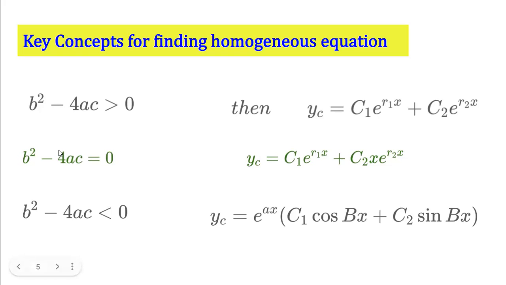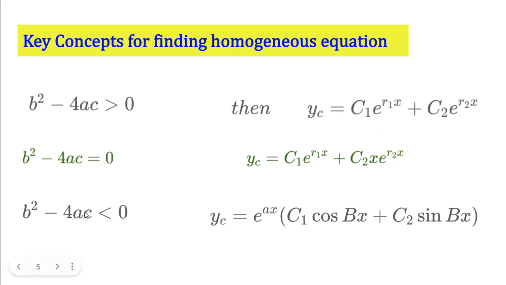We use that value to substitute for r, so you observe that r1, r2, r3, r4, everything will be exactly the same. In that particular case, we will use the formula yc, the complementary solution, equal to c1 e to the r1x plus c2 x e to the r2x.